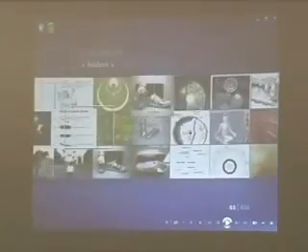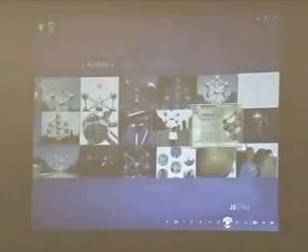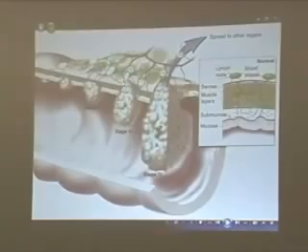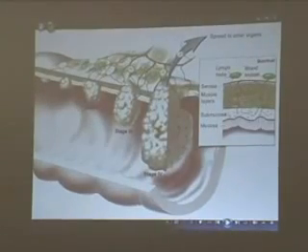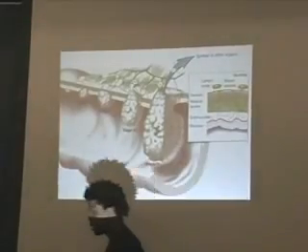Now I'm going to show y'all what the chaos creates. This is a diagram of colon cancer.